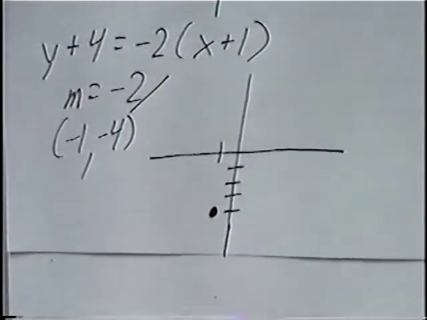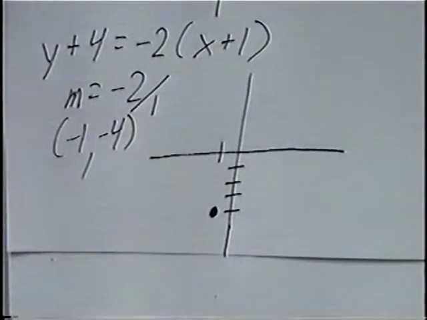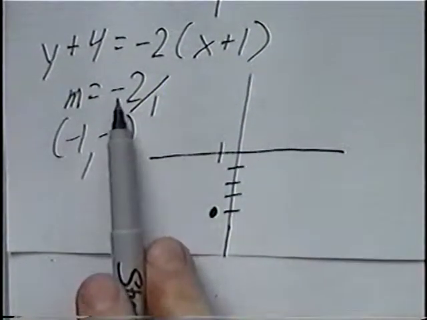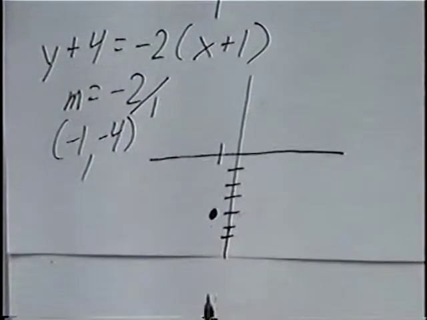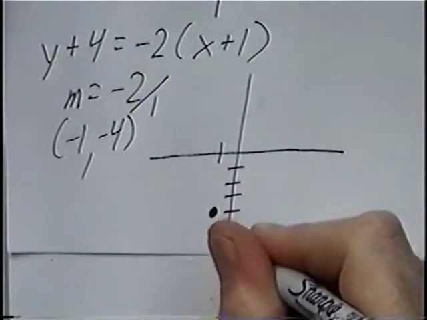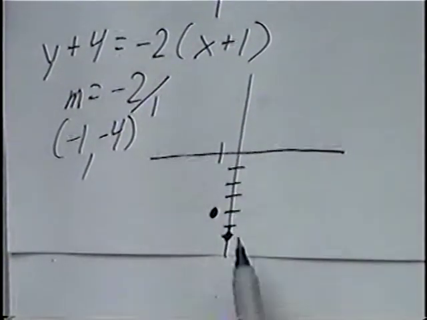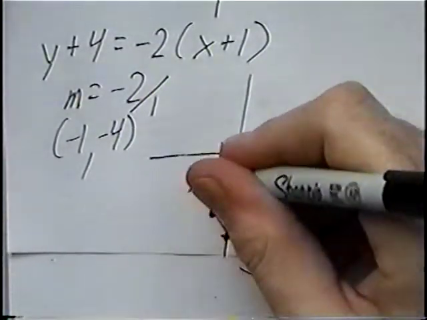Again, we can make this a fraction. Anytime you make a number a fraction, we can put a 1 for the denominator. -2 means we'll go down 2 spots instead of up 2. So 2 spots down from the point and 1 spot to the right. And taking these 2 points, we can connect them to get the graph for the equation.